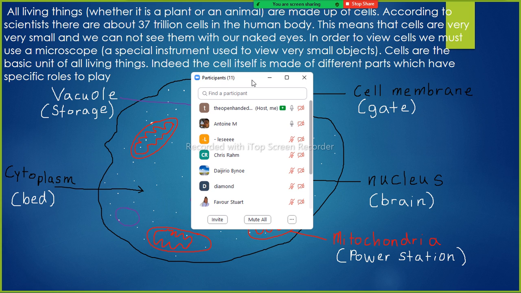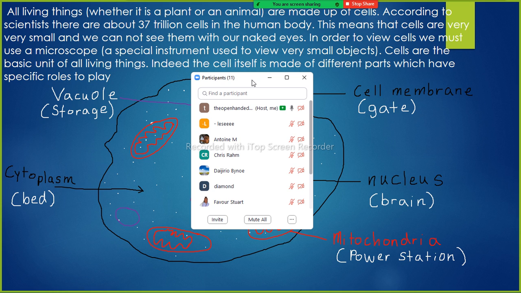Not infinite, but about 37 trillion. Okay. Shalise, are you there? What do we need to use in order to look inside of a cell, to view it? A microscope. A microscope, very good.